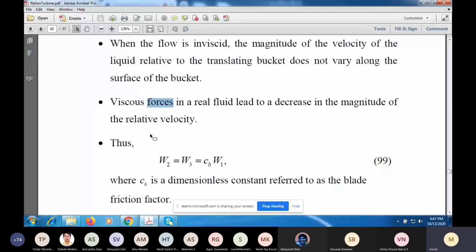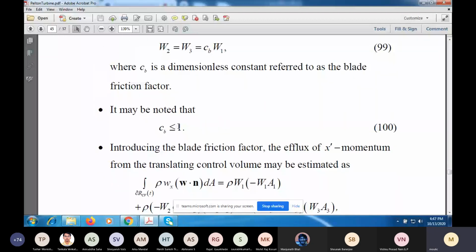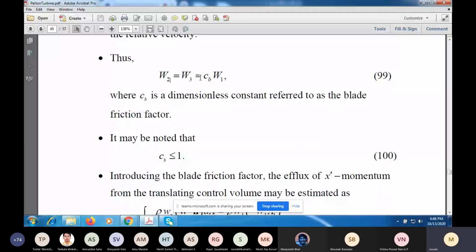So we can say that at the outlet W2 and W3 is some factor, a dimensionless constant, which I'm calling the blade friction factor, Cb, into W1. If the fluid is inviscid, then Cb will be 1. So W2, W3, W1 will be the same as we have seen by applying Bernoulli's equation in the moving frame. But you can put in an empirical factor Cb to get a better approximation and say that W2 and W3 is Cb times W1, where Cb is slightly less than 1.